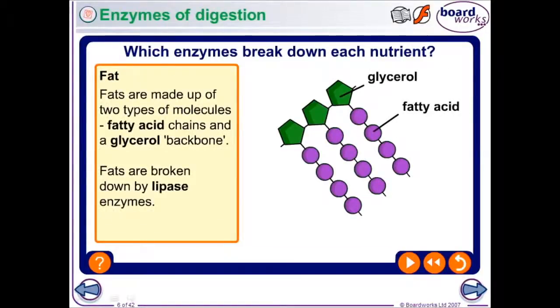And thirdly, we have fat molecules. Now fat molecules are made up of two different types of molecule: the fatty acid chains and the glycerol molecule. The family of enzymes which break down fats are called lipases.